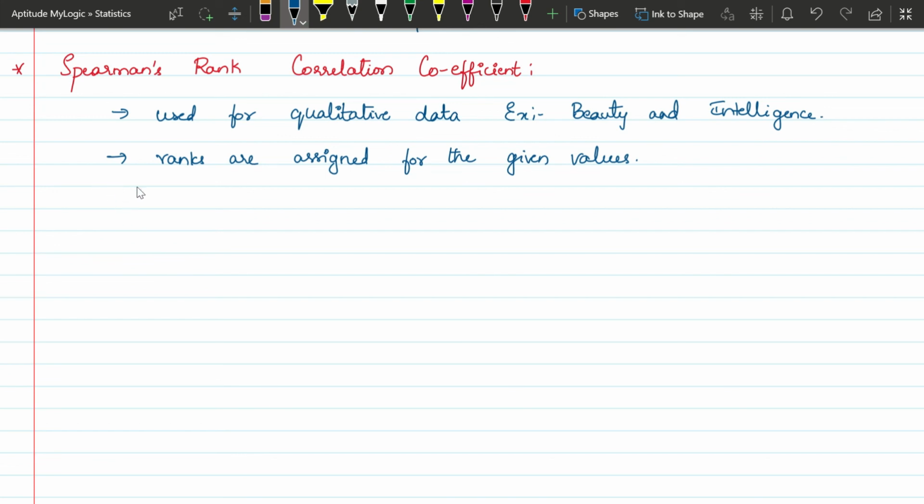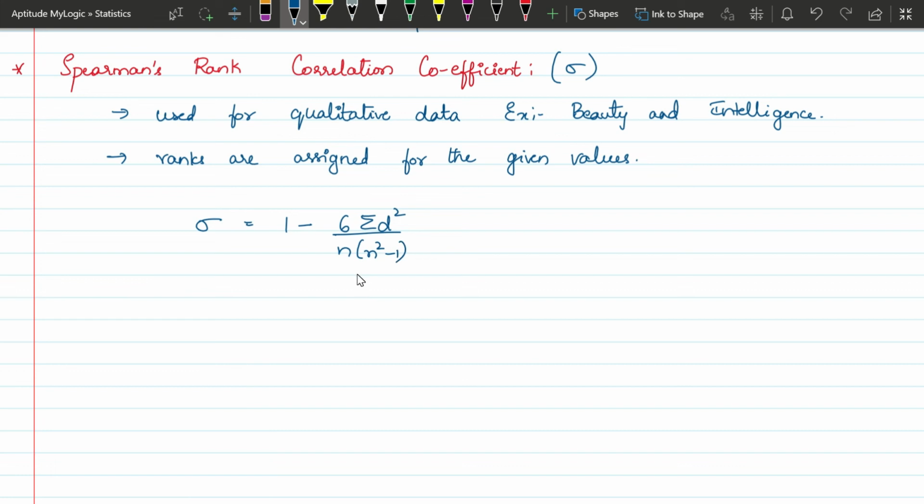The formula for calculating Spearman's rank correlation coefficient is represented using rho, and this is 1 minus 6 times summation of d square. D is the deviation between the ranks; we square those deviations and add all of them, that is summation of d square, multiplied with 6, and this is divided by n into n square minus 1, where n is the number of values given.